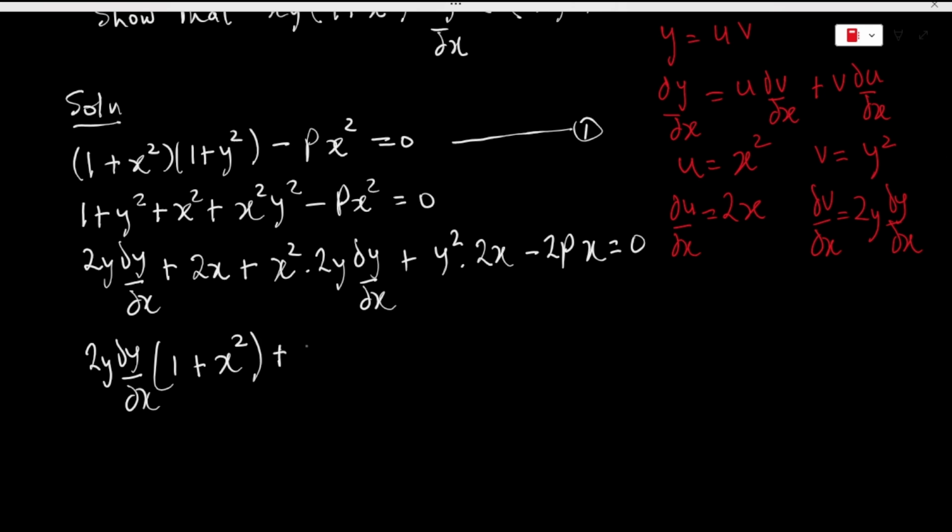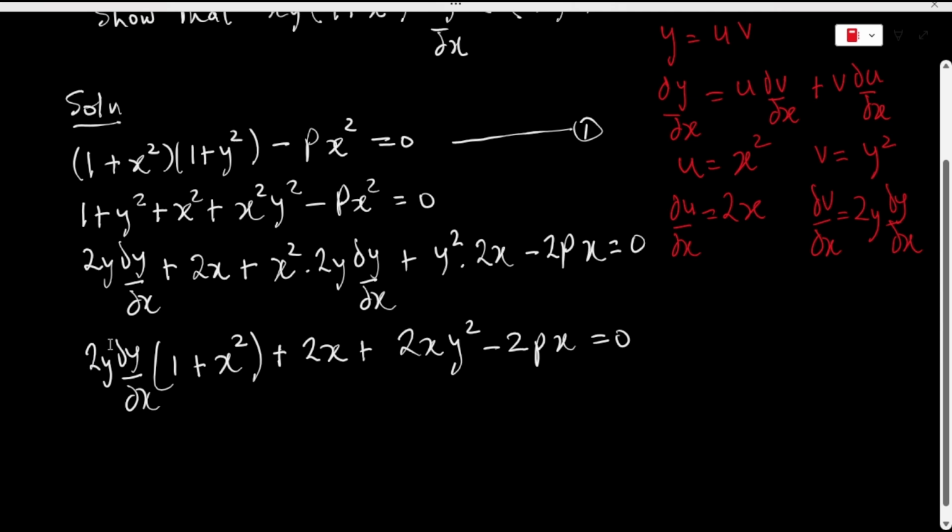Then we maintain the rest of the terms. We reorganize them. So you can see that the factor 2 is common to all the terms here. So let's go ahead and divide through this expression by 2.